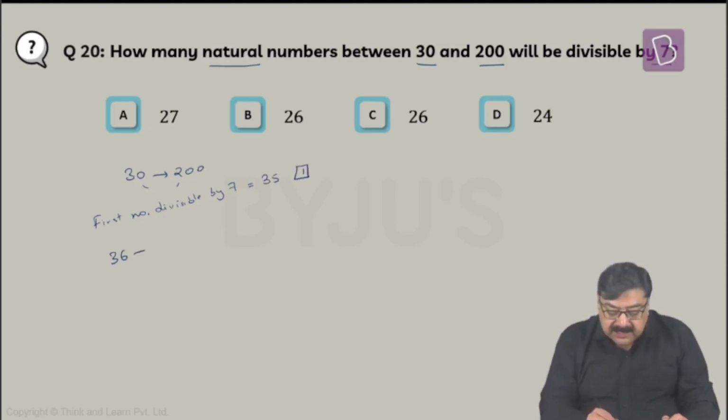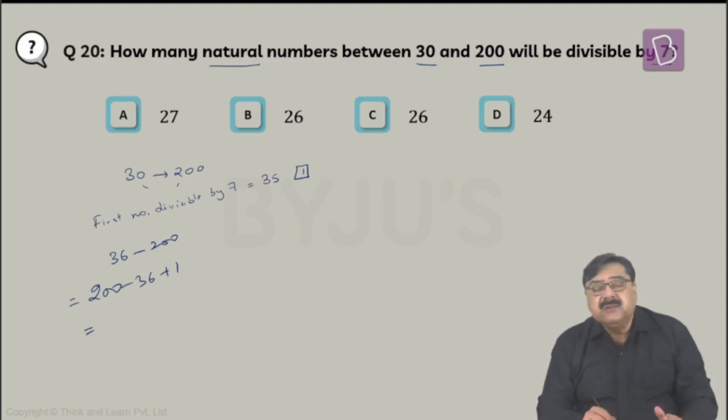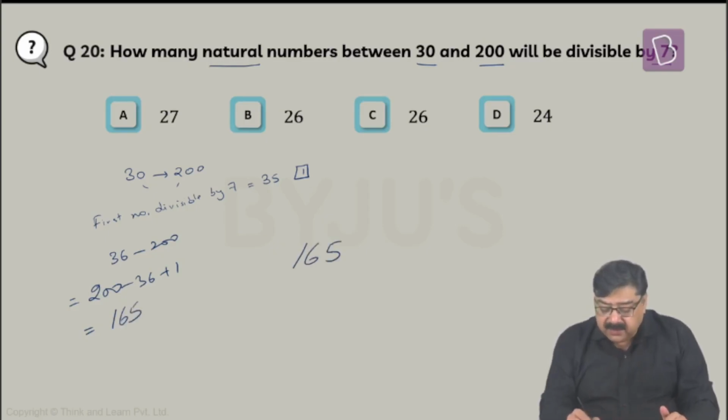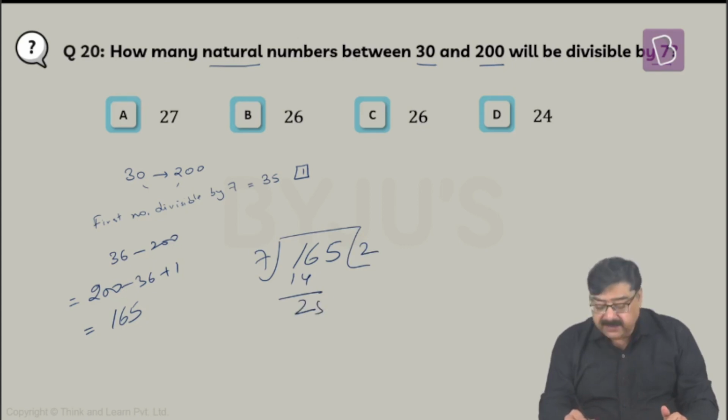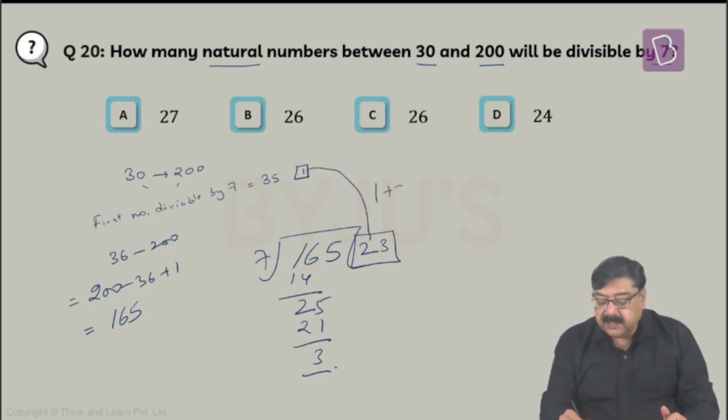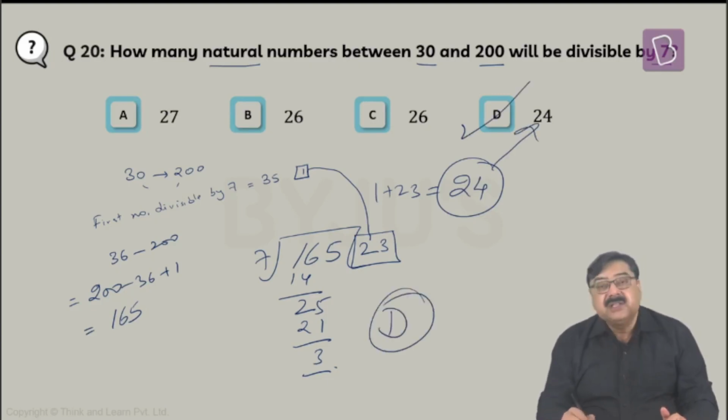Now between 36 and 200, there are 200 minus 36 plus 1 numbers. That is 200 minus 36 is 164, plus 1, that is 165. Now in these 165 numbers, every seventh number is going to be divisible by 7. So when we divide this by 7, 7 2s are 14, 7 3s are 21, remainder is still 3. So 23 more numbers. So 1 plus 23, total 24 such numbers are there. This is given to us in choice D, which is the answer.